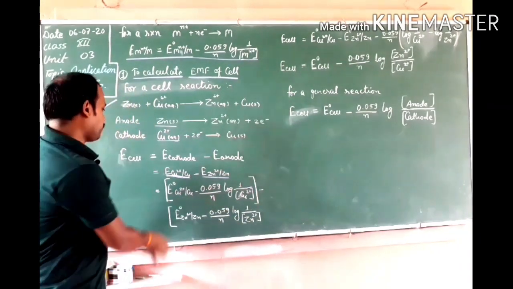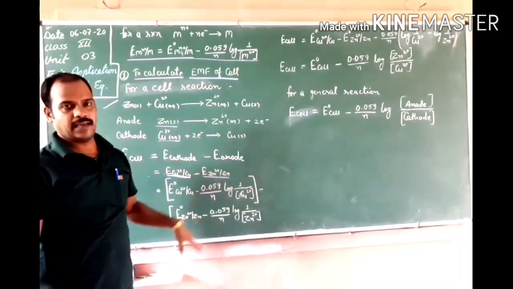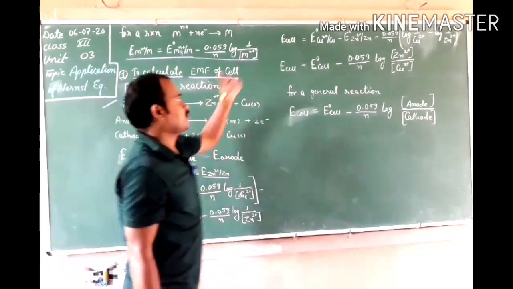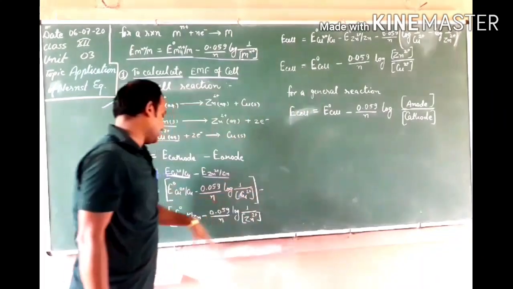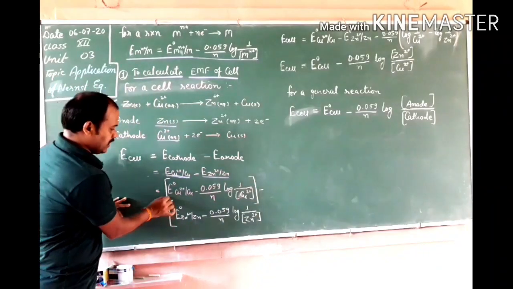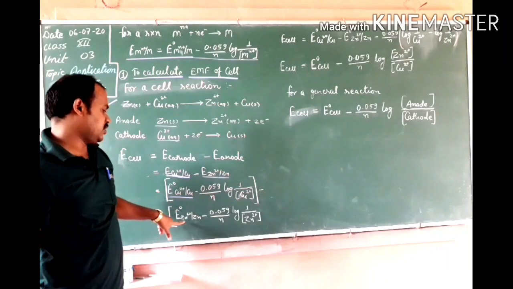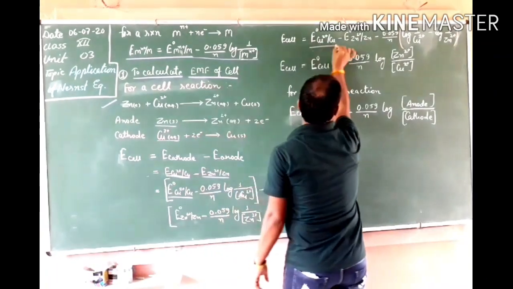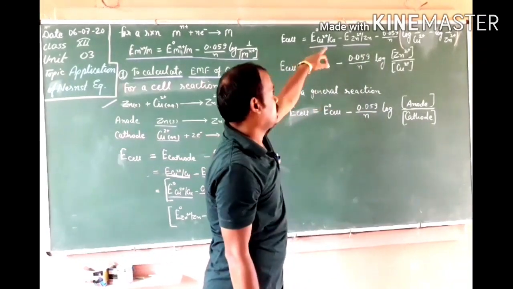It means simply we have to put the values of electrode potentials of cathode and anode. When we put these values, we try to solve this equation. If you open this bracket, you will find E0 Cu2+/Cu minus E0 Zn2+/Zn, so this is the difference.